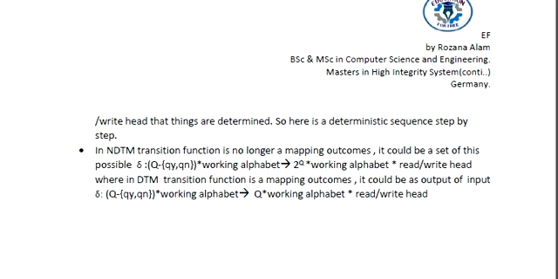The deterministic Turing machine has fewer outcomes in the output configuration: it will have only Q times the working alphabet times the read-write head movement. So this is a single outcome.